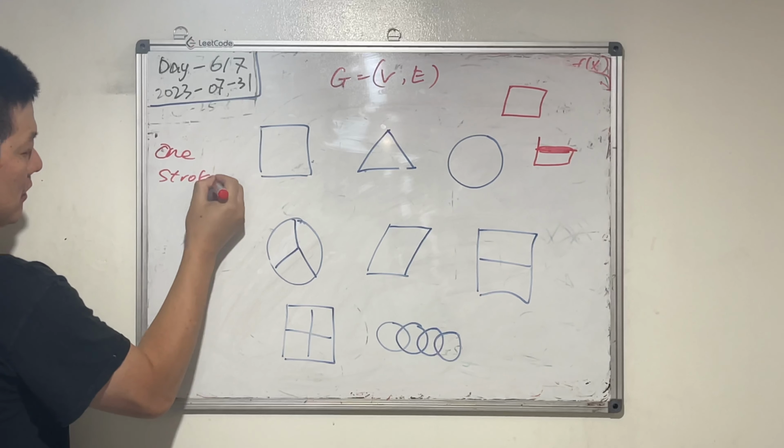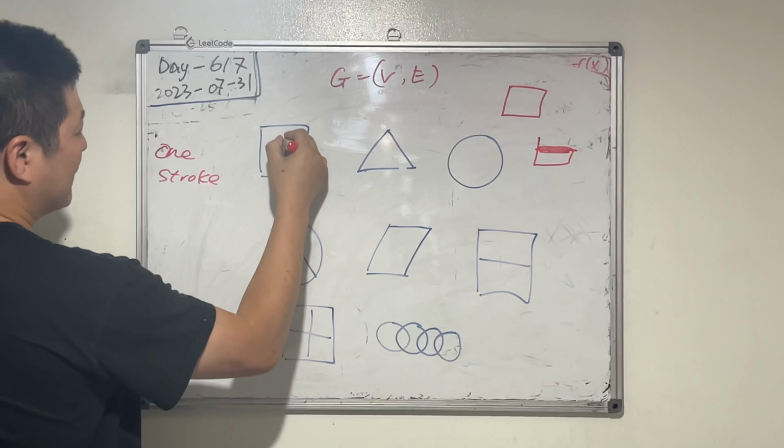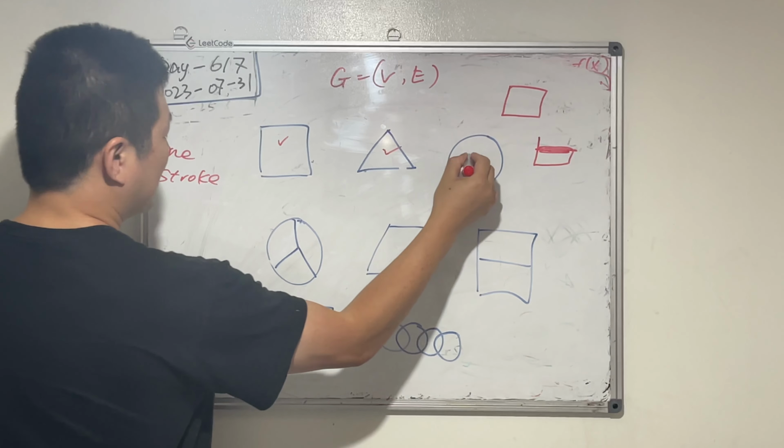So which of these shapes can be done using only one stroke? Obviously, the top three. This one, this one, this one. Any more? I'll try this one. Yeah, you made it.